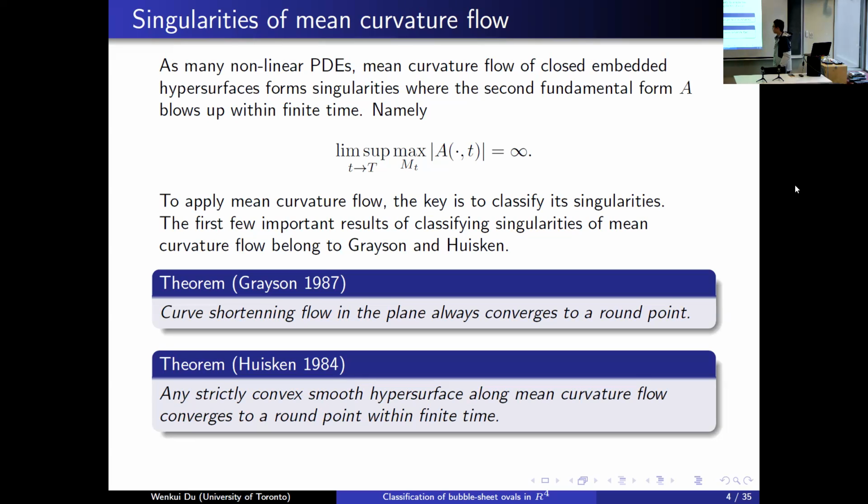The second one is in higher dimension, by Huisken. If we assume that the initial surface is a strictly convex, smooth surface, then along the mean curvature flow, it will converge to a round point in finite time. Still, it means that we can zoom in and we get a sphere.